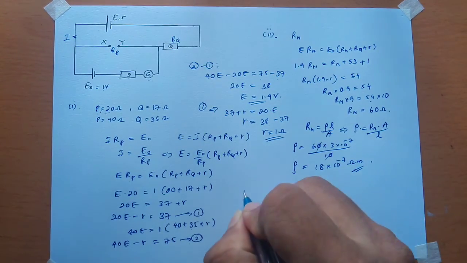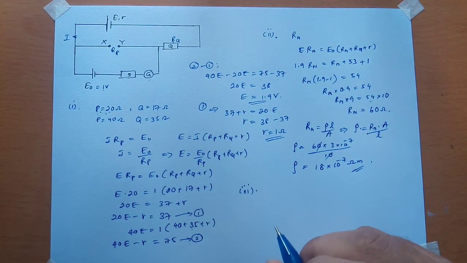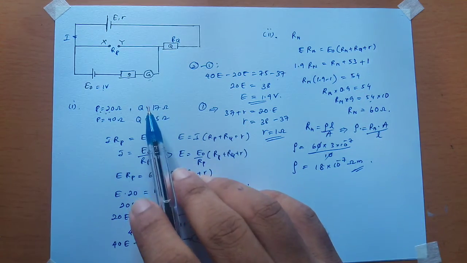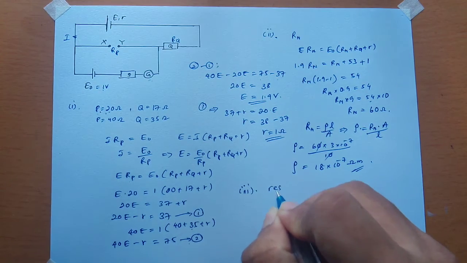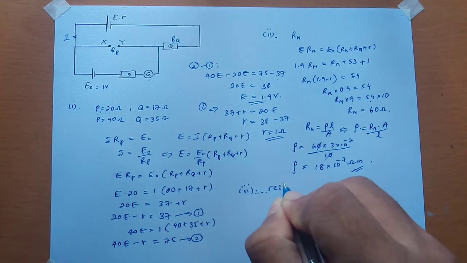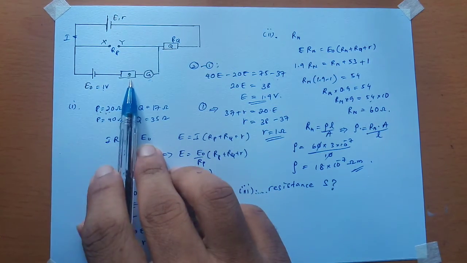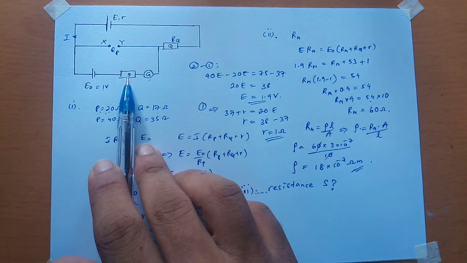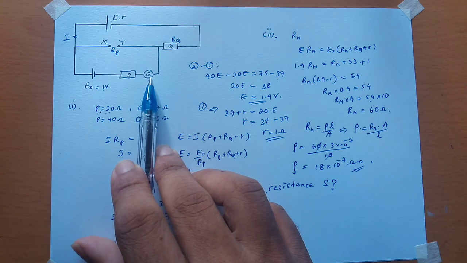Okay, and then part 3. What is the necessity of having a resistance? So we use here a large resistor for the safety of this center zero galvanometer, because we know the galvanometer is a very sensitive instrument.